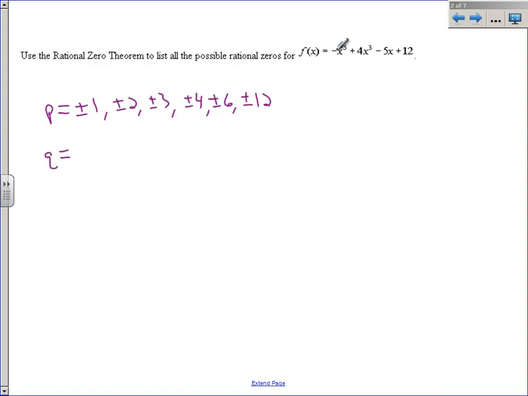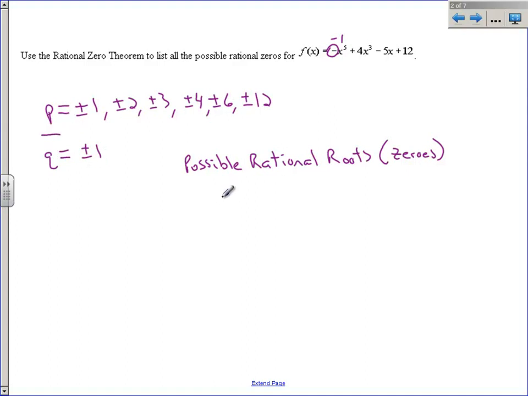Q is all of the numbers that will divide into the leading coefficient. Now, the leading coefficient is -1, and the only numbers that will divide into that are plus and minus 1. So the possible rational roots, or zeros, are all of the numbers of P over all of the numbers for Q. So you're going to write all the possible fractions.